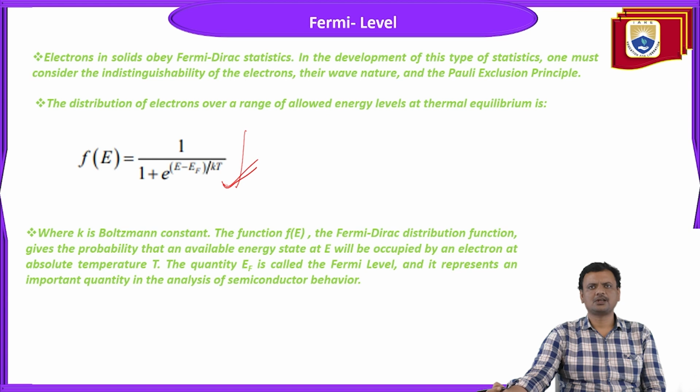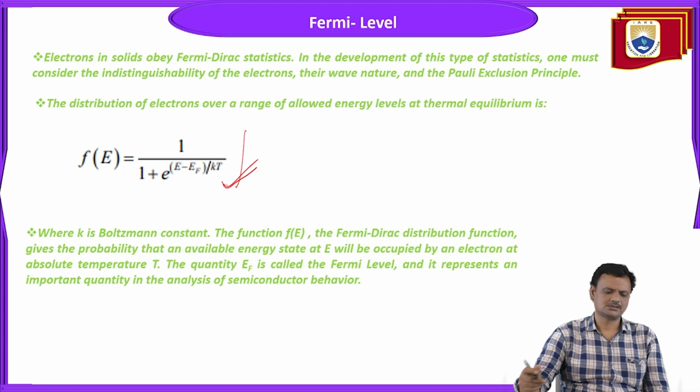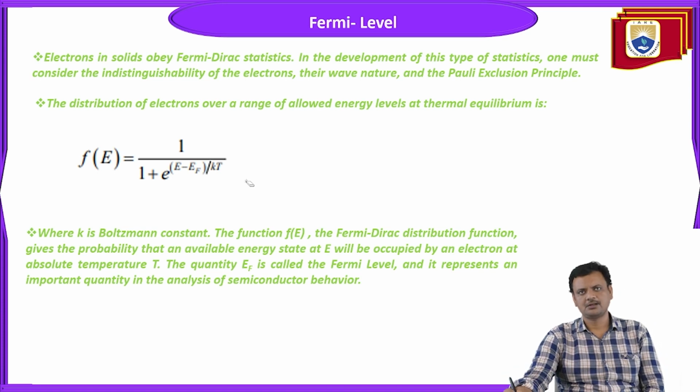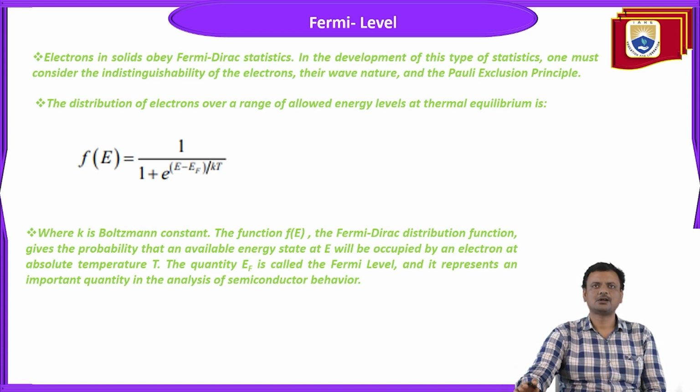So you know that electrons are indistinguishable particles and they also obey the Pauli exclusion principle. So you can say that this distribution function can be worked for electron distribution for available energy levels.